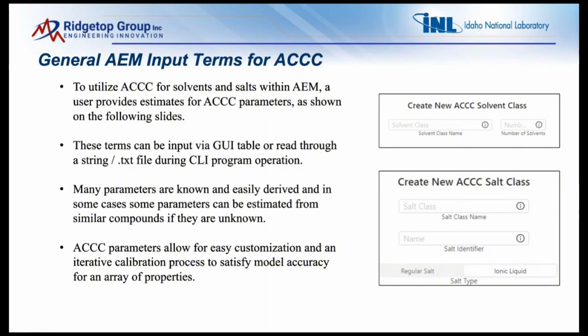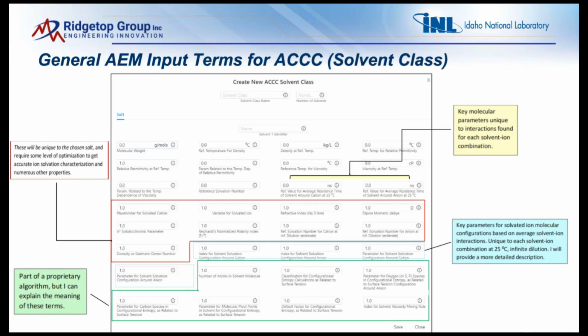And in some cases, if you have a sense for a class of compounds that you've already gotten information for, be it carbonates or esters or nitriles, you can use some of that known information to provide initial estimates for the new ACCC compounds if they are unknown at that point. Okay. So next slide.